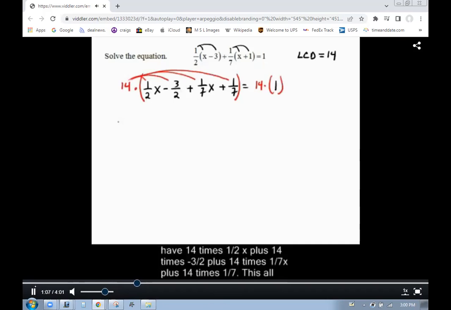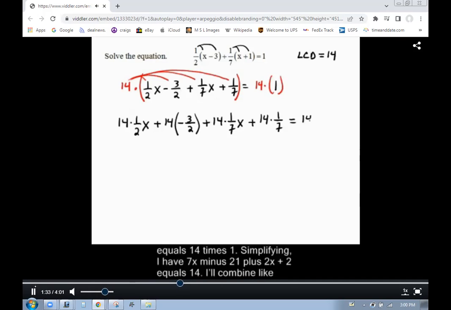I have 14 times 1/2 x plus 14 times negative 3/2 plus 14 times 1/7 x plus 14 times 1/7. This all equals 14 times 1.